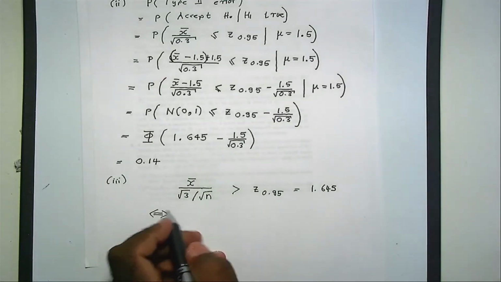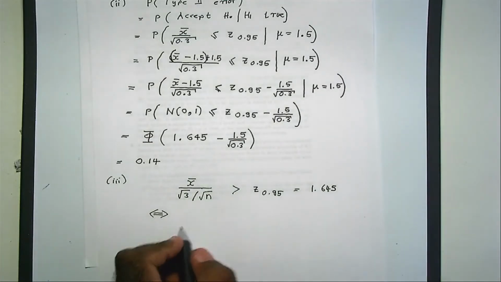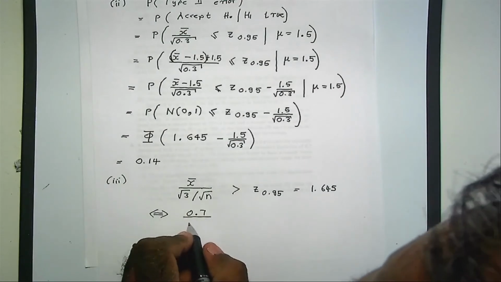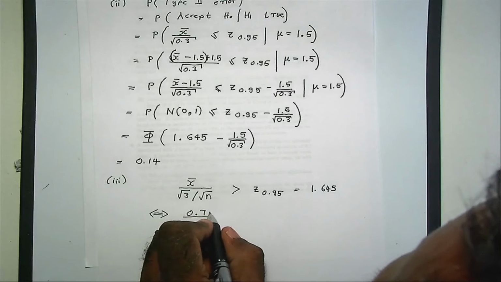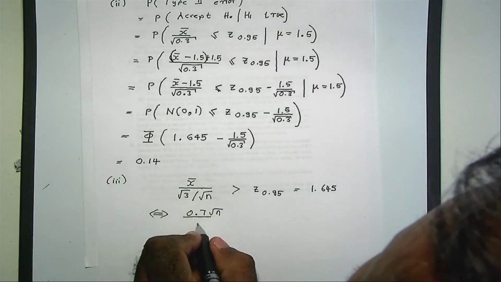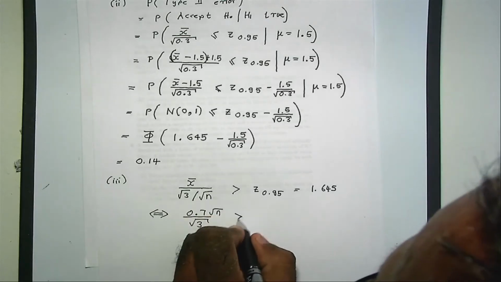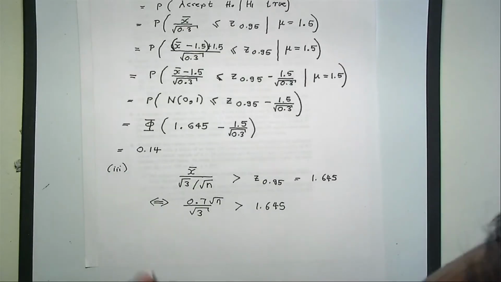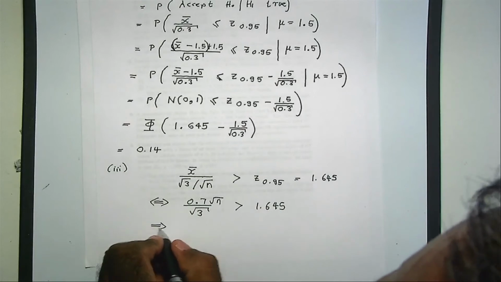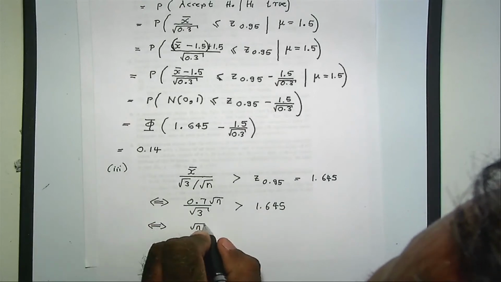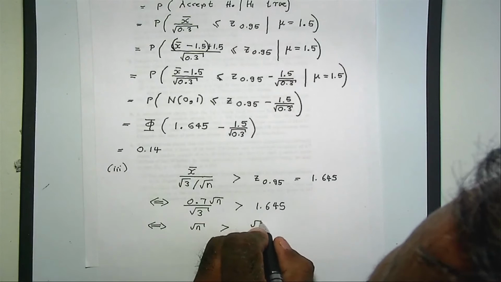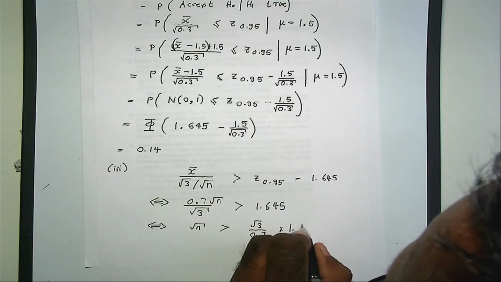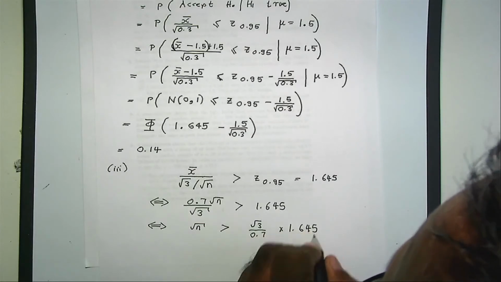This is the same as saying, x bar, we know it is 0.7, so 0.7 times root of n divided by root of 3 is greater than 1.645. So this is the same as saying that root of n is greater than 1.645 times root of 3 divided by 0.7.